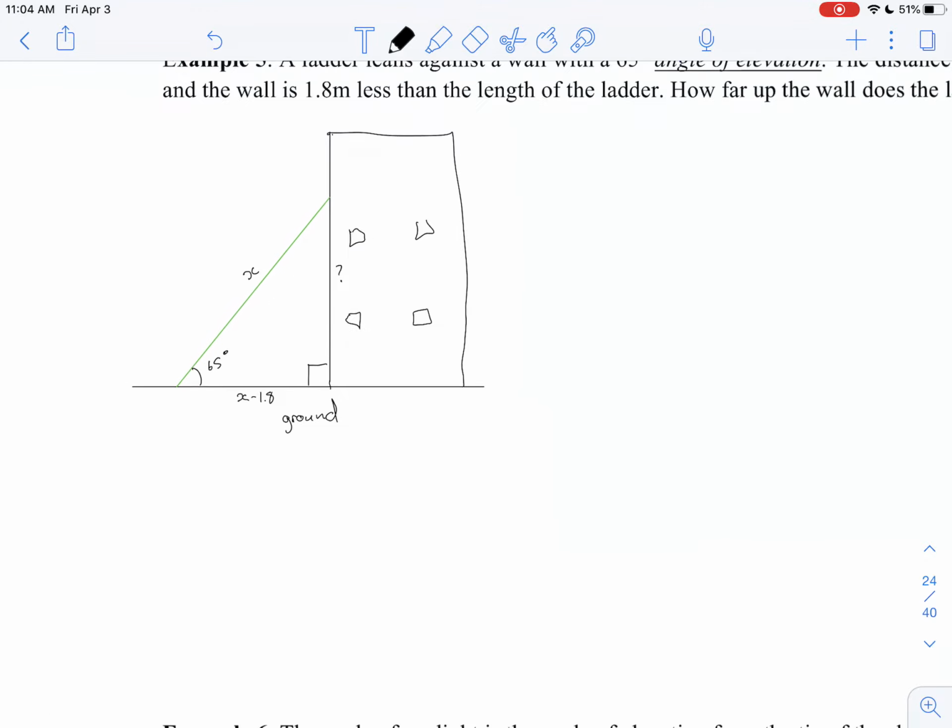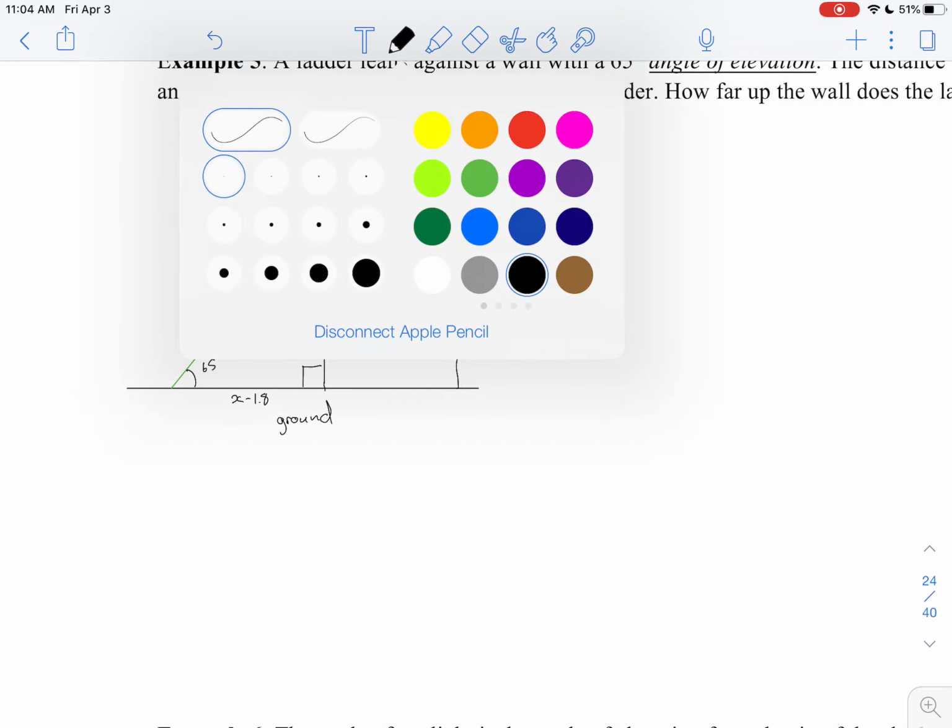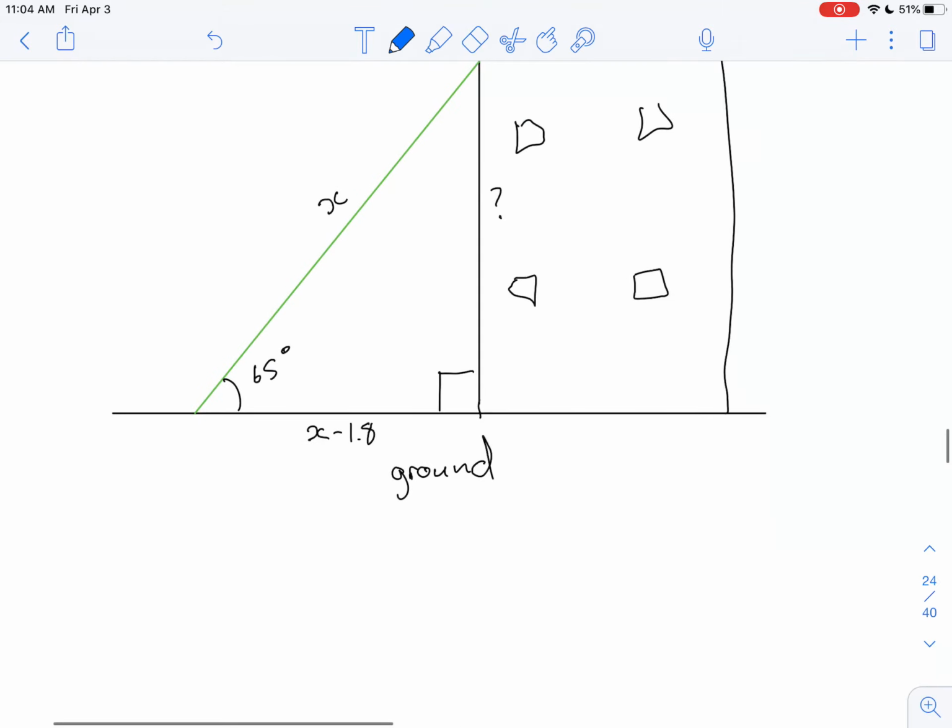First, I'm going to try to solve for x here. So looking at our diagram, I can see that x must be my hypotenuse. If our angle is 65 degrees down here, then this side, our final side, is opposite, and this is the hypotenuse, adjacent down in the bottom left-hand corner.